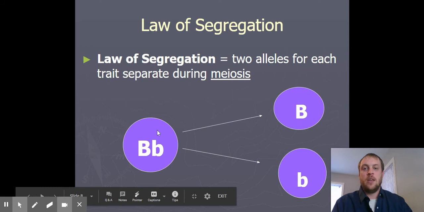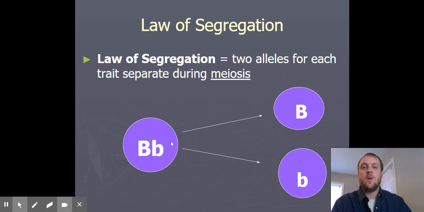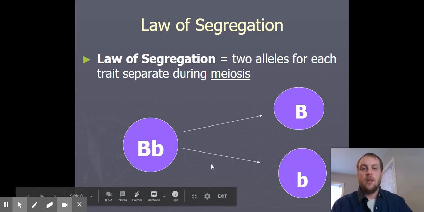In this case, the genotype in the cell we start out with is big B, little b, the dominant version and the recessive version. When that splits through meiosis, you end up with one cell with the dominant allele, or a cell with the recessive trait, the lowercase letter, the recessive allele. And there's your example.